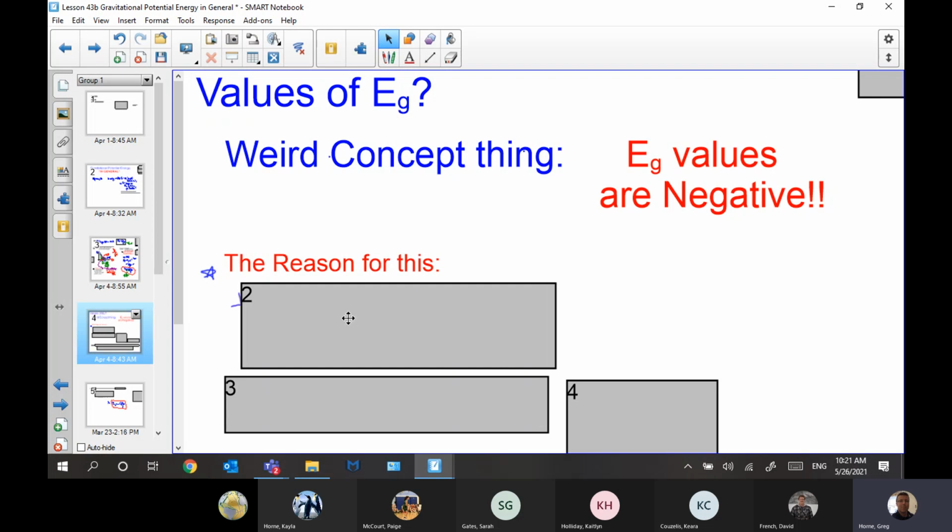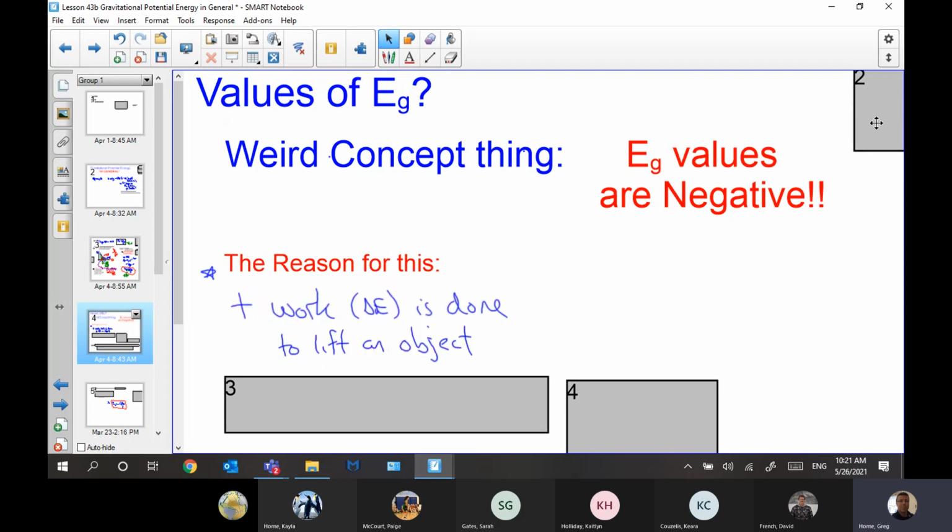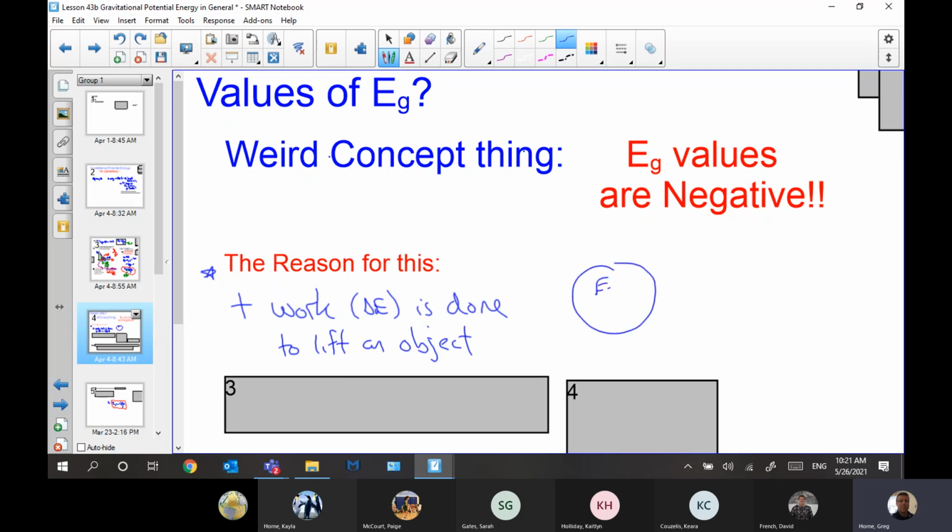As we talked about before, the idea is if you're lifting an object away from Earth, so picture this being Earth, make it blue. So we've got Earth, and we've got a mass. Earth is, of course, big M, and the mass is little m.